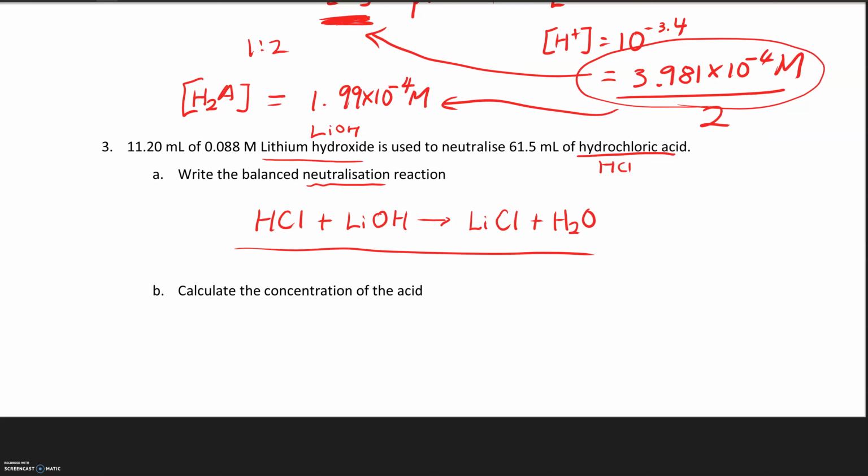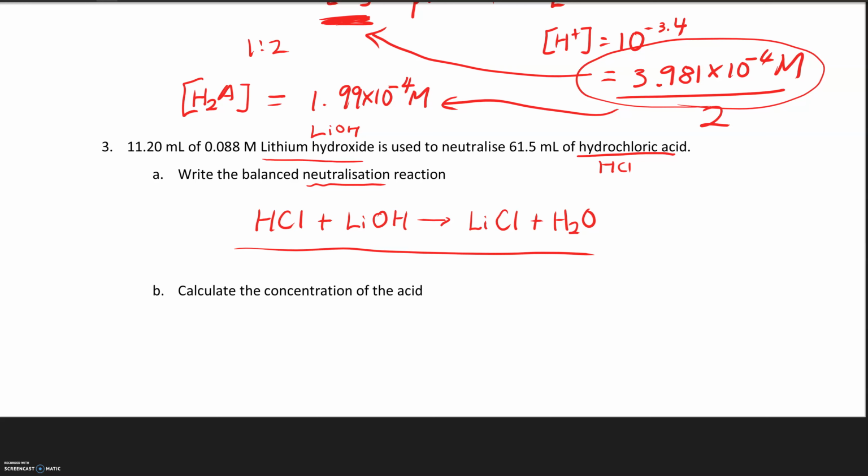We know that this is going to be a neutralization reaction, which means, according to this equation, for every 1 mole of hydrochloric acid, 1 mole of lithium hydroxide is used, which means our reactants given to us up top, 11.20 milliliter of 0.088 molar lithium hydroxide, and 61.5 milliliter of hydrochloric acid, are both going to be completely used up and create our salt and water.